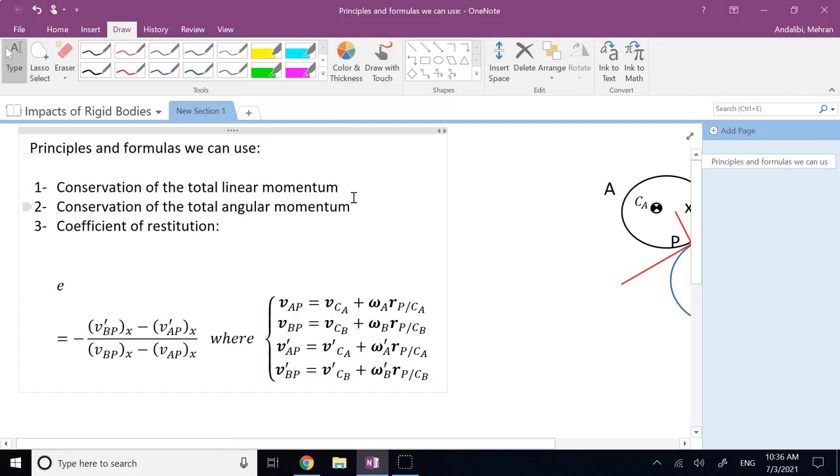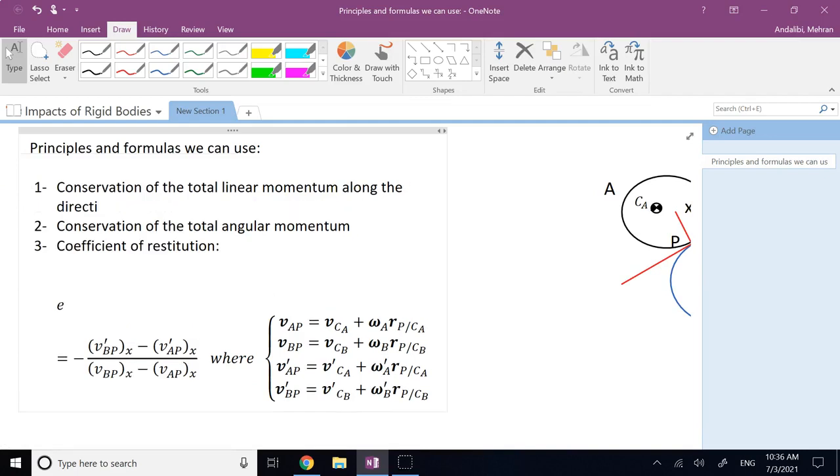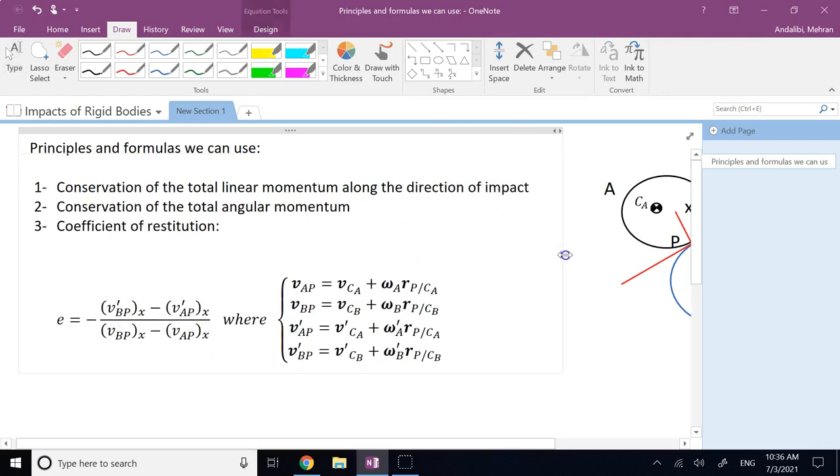So conservation of total linear momentum along the direction of impact, which, as I said, in this case is equivalent to the x-axis.